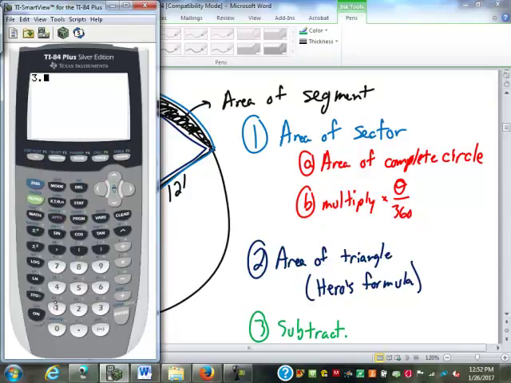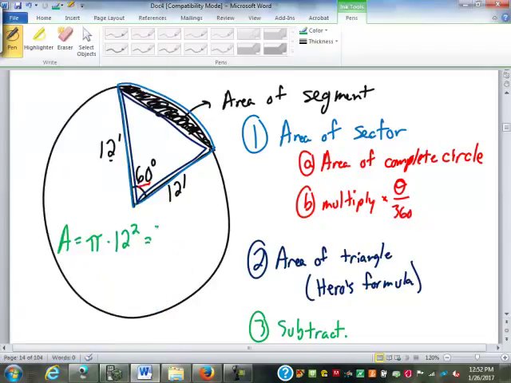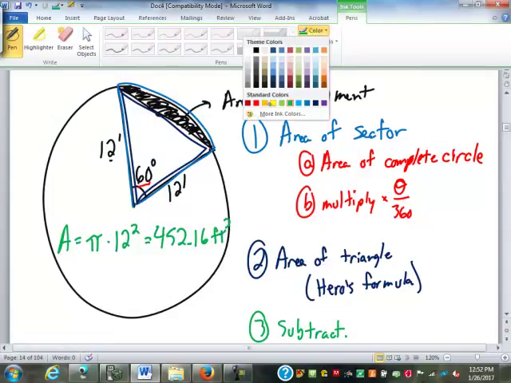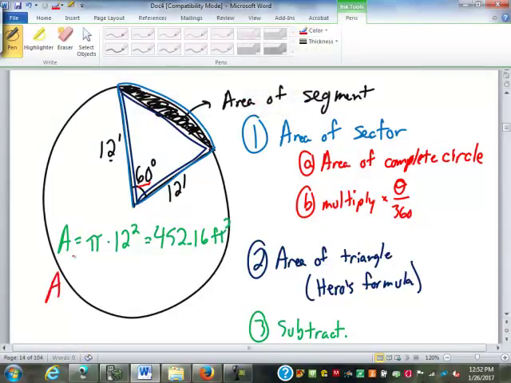We're just going to use 3.14 for now, times 12 squared. 452.16. Those are in feet, so this is in square feet, by the way. That was the circle. This is going to be the sector. What do I do to find the area of the sector?